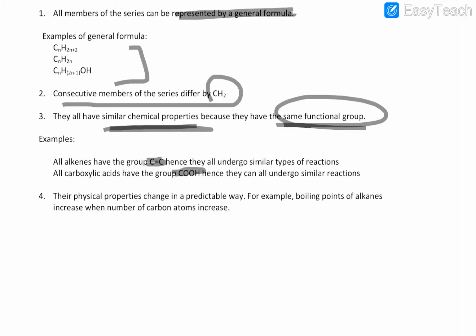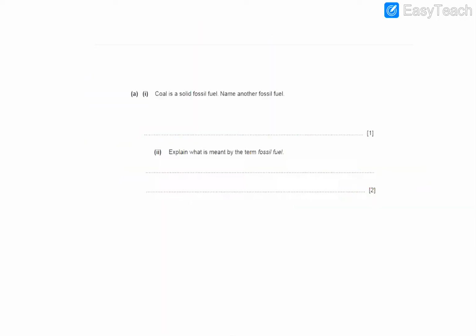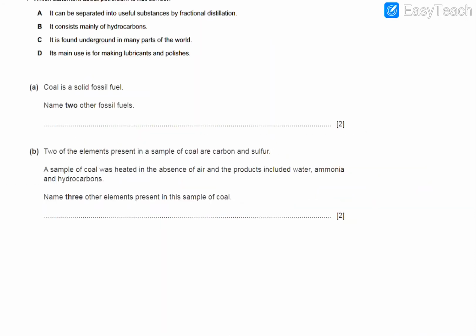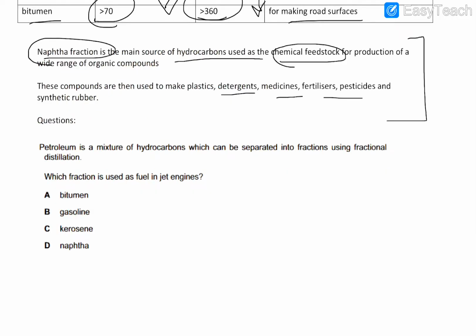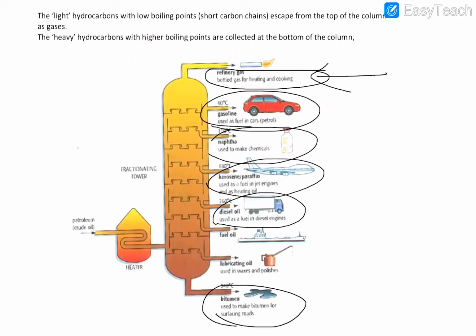All COOH will undergo similar reactions. Fourth property, physical properties change in a predictable way. For example, as alkanes become more bulky, their boiling point is going to increase. This is what we see when we look at all the fossil fuels or the oil fractions.